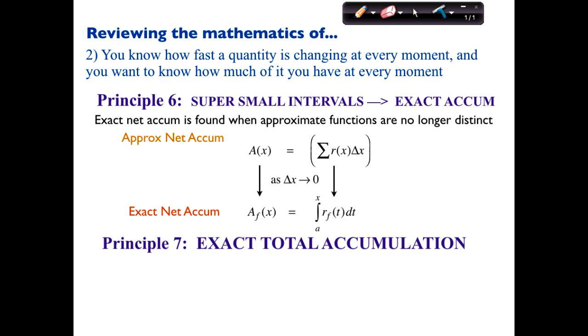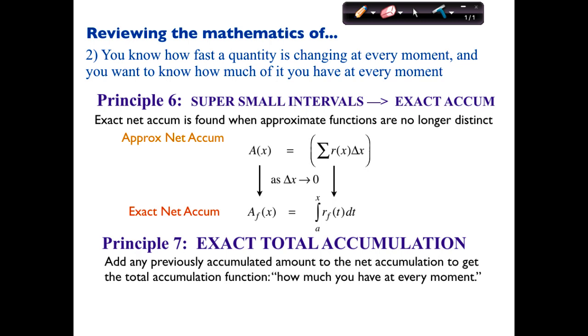Last principle, exact total accumulation. So we're going to add all the previously accumulated amount to the net accumulation to get the total accumulation function. So anything that's accumulated up to A, we're going to just stick that on as a lump sum. And then starting from A, we're going to track the accumulation using the integral. So what is all the previous accumulation up to A?